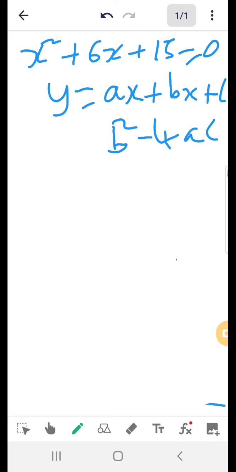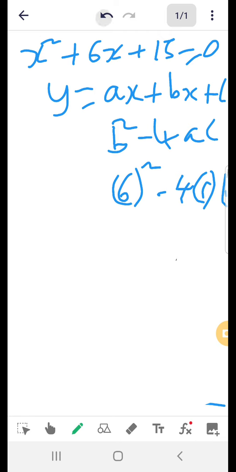I'm going to try to solve this. B squared, what represents b in this case is 6. So we're going to say 6 squared minus 4 multiplied by, what is our a? Our a is the coefficient of x squared, which is 1, multiplied by 1, multiplied by c, which is 15.